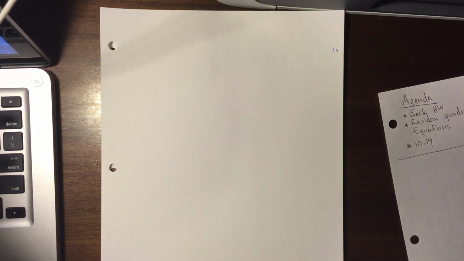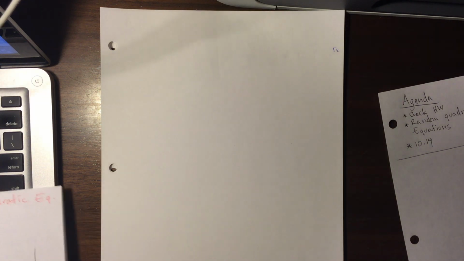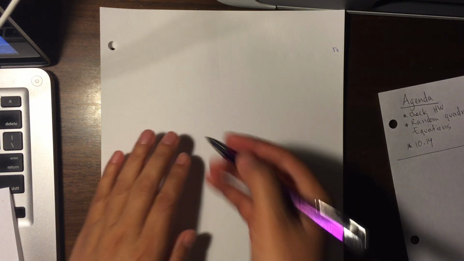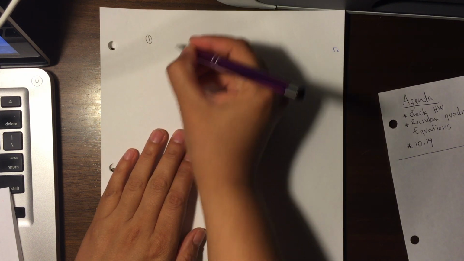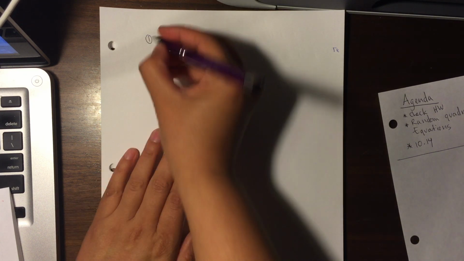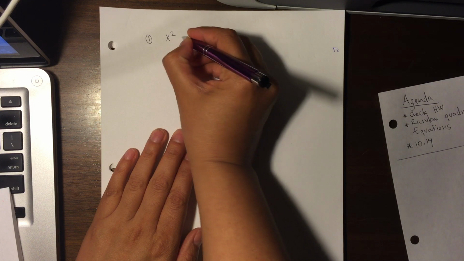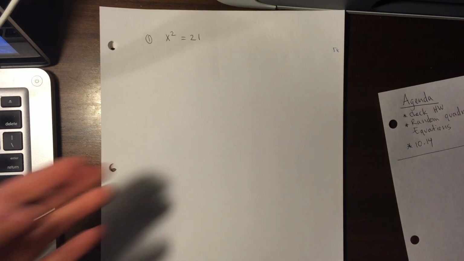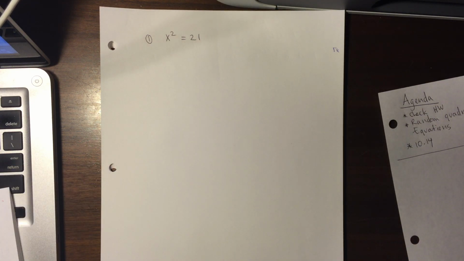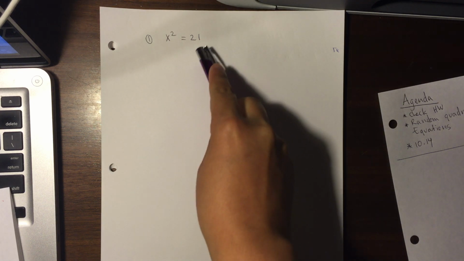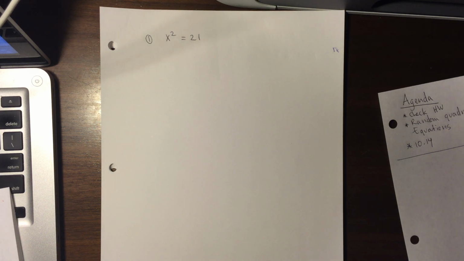Okay, so when I put these exercises, I want you to look at them and then start seeing what method would work best. So for example, if I have x squared equals 21, what do you think would be the easiest way? Do you think we should cancel this over here and, I don't know, use the quadratic equation?